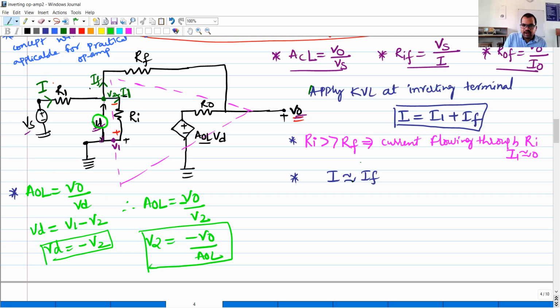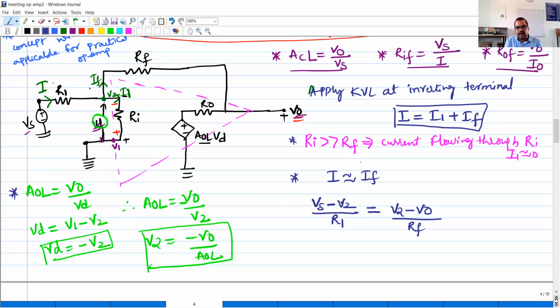Now here we got I approximately equal to IF. What is I from this one? I is Vs minus V2 by R1, and that is equal to IF, which is V2 minus V0 by RF, right?